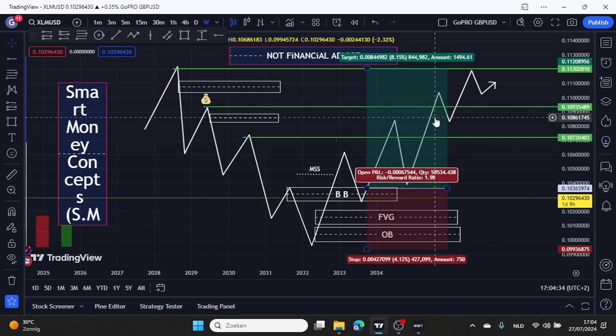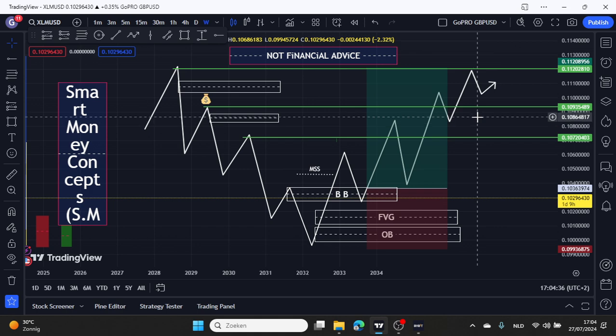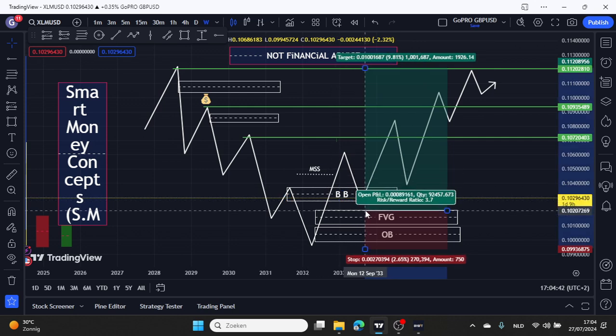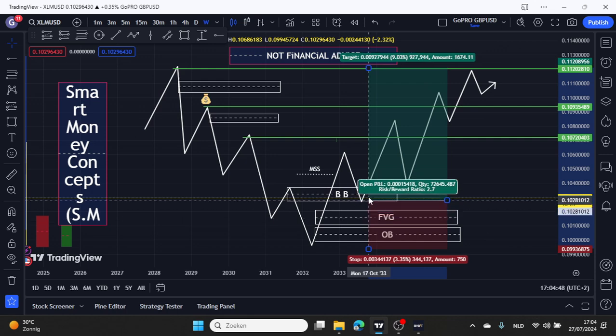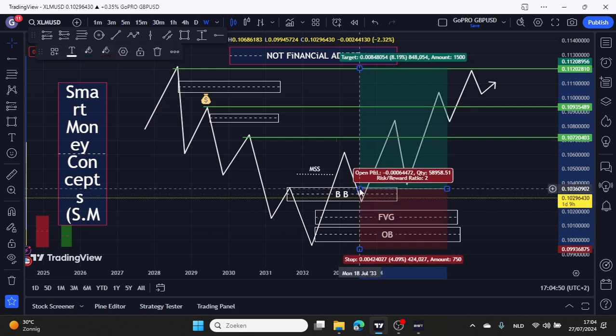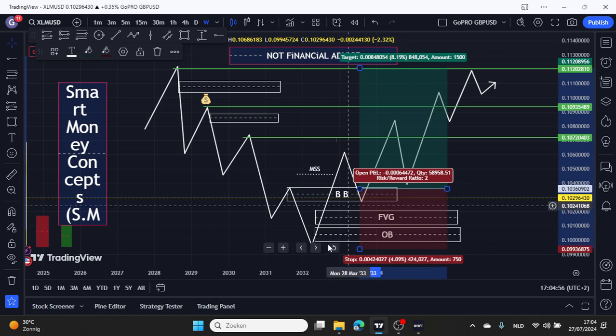On the 3 minutes, we would get a 15 pip trade. And yeah, you can try to get in here and it would give you the best risk reward ratio, but you would be so many times out of the market that you are losing your time. And in this case, you have a pretty safe trade.